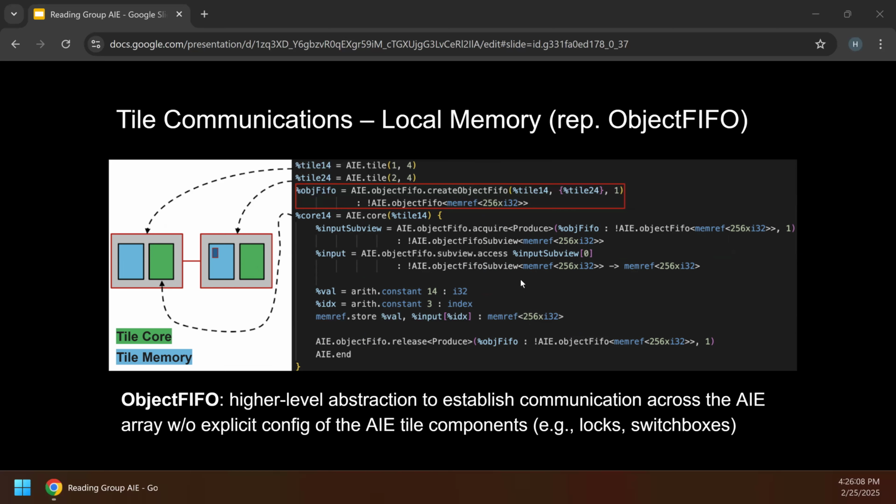But I guess this leads to my next question: what is the significance of this number? If I take this one and change it to 2 or 4 or 8, how does that make a difference to the mapping to the hardware? I think it has to do with how large a buffer you need to allocate for the DMA modules or the intermediate tiles in the path of that fiber.